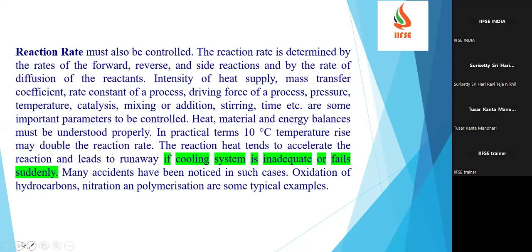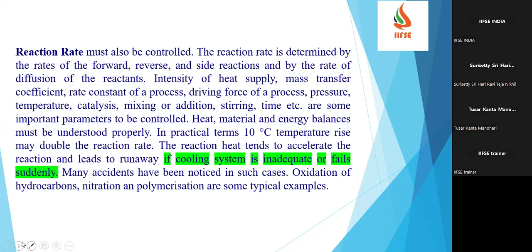To maintain proper reaction rate, for example, if I start mixing two chemicals and want to increase the reaction rate, either I have to increase the pressure, increase the temperature, or increase the stirring time. Like that, we have to understand the process to manage the reaction rate.